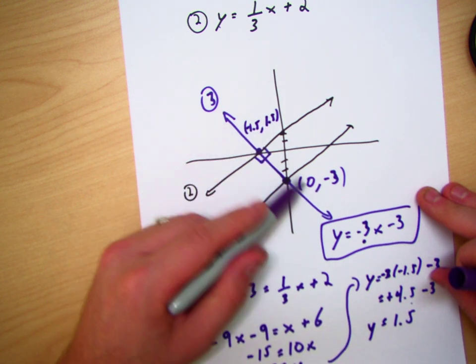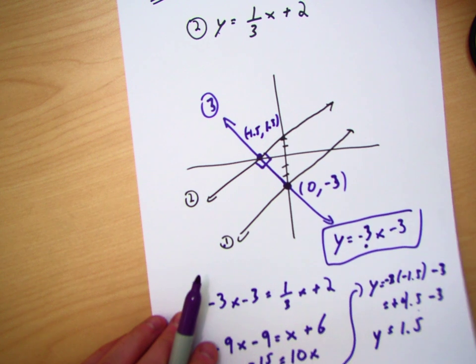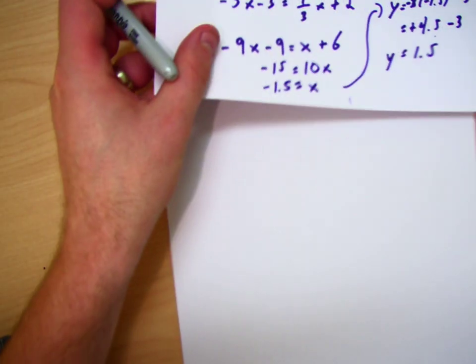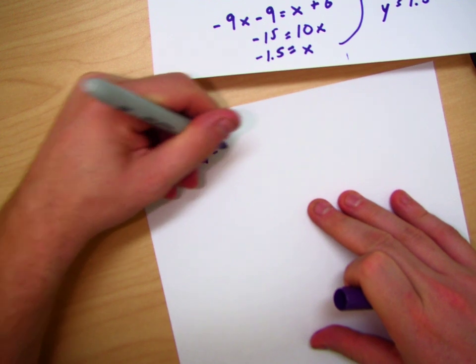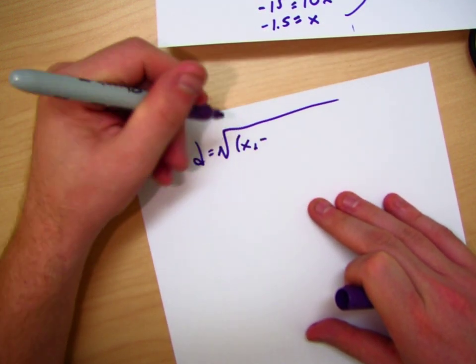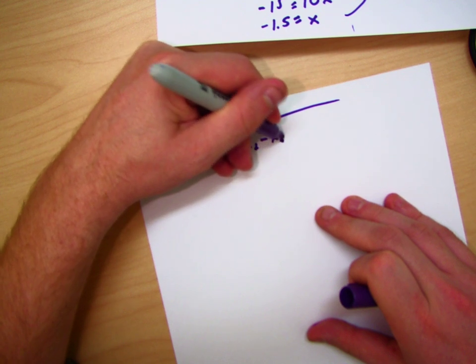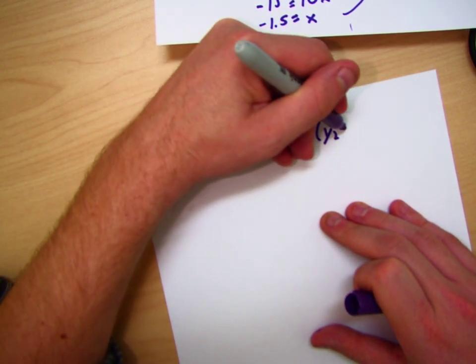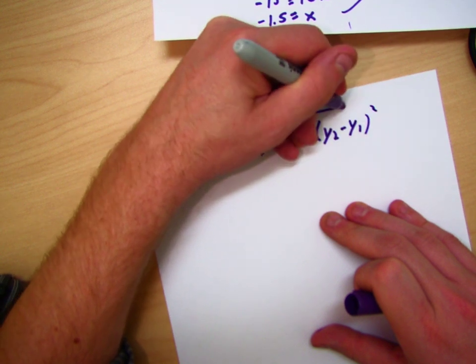Now I have to find the distance between these 2 points. Just to show you, the distance formula will be x2 minus x1 squared plus y2 minus y1 squared.